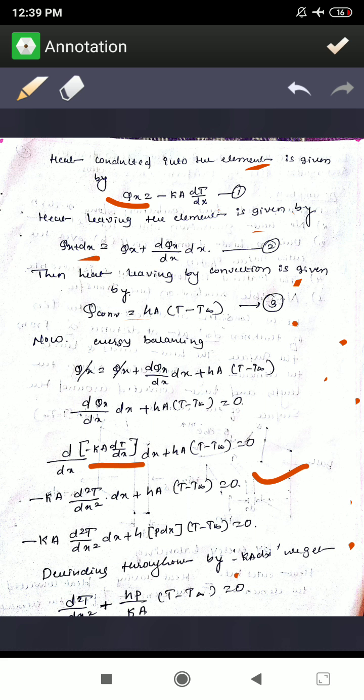Now, minus k d square t by dx square into dx plus h.